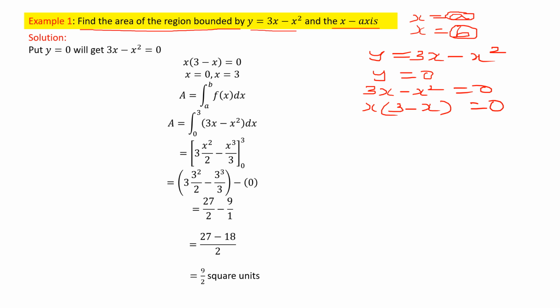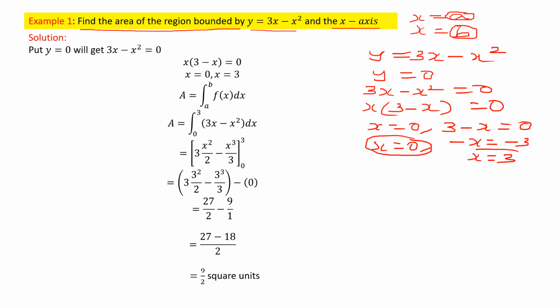By equating this, we will come to know x equal to 0 or 3 minus x equal to 0. That means minus x equal to minus 3, that will give you x equal to 3. So that means x equal to 0 is one of the points and x equal to 3 is the other point.